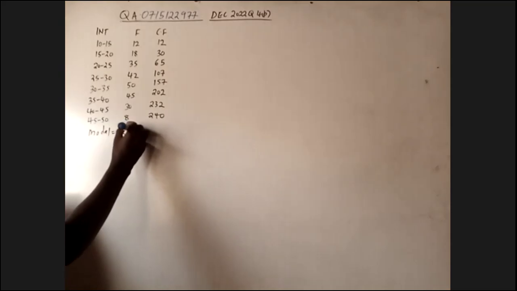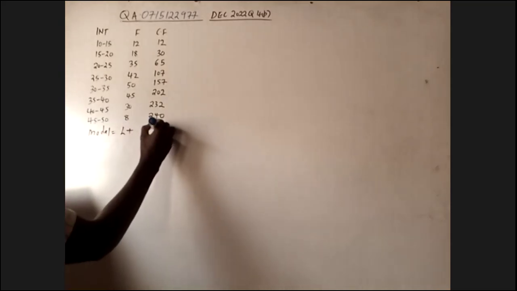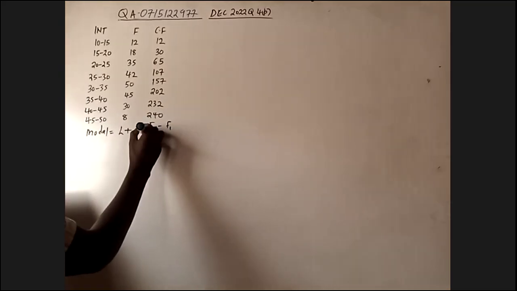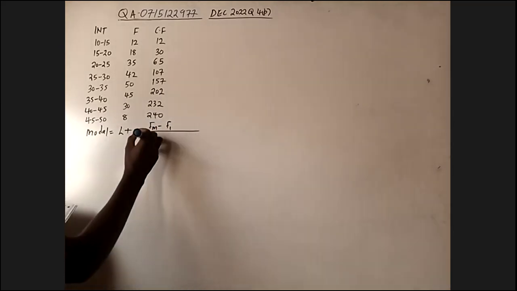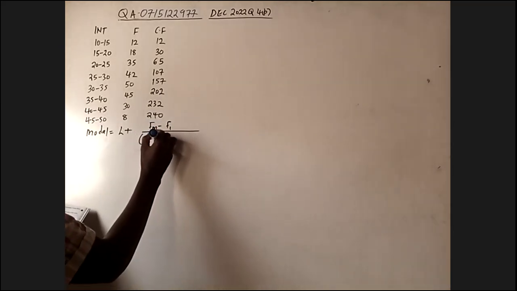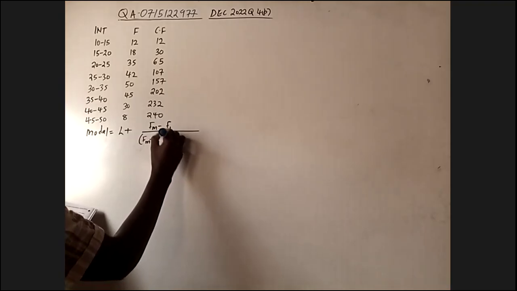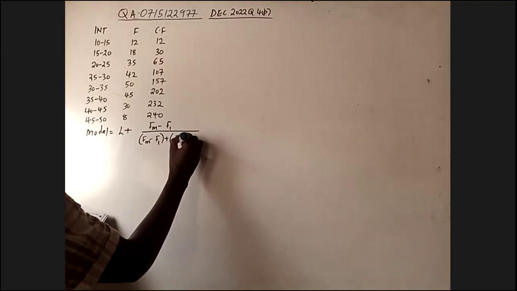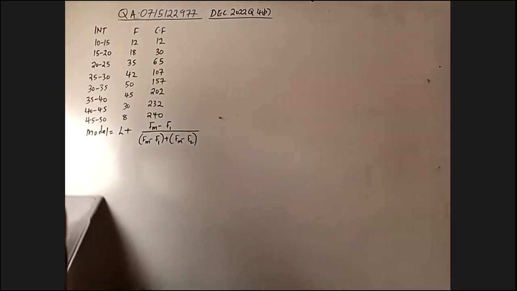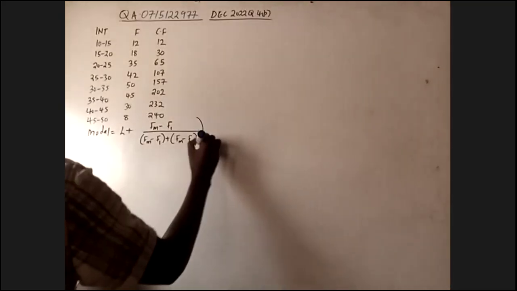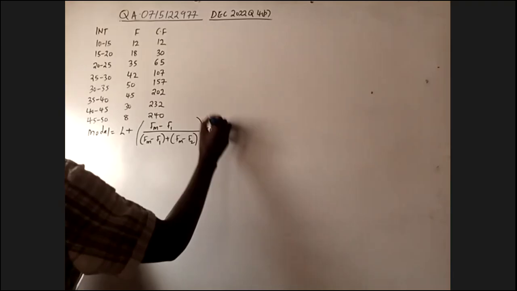It is equal to L plus f m minus f 1 over 2 f m minus f 1 minus f 2, times i. I prefer this method. This is the best method to use, unlike the others. Then what you get, remember to multiply with your interval.